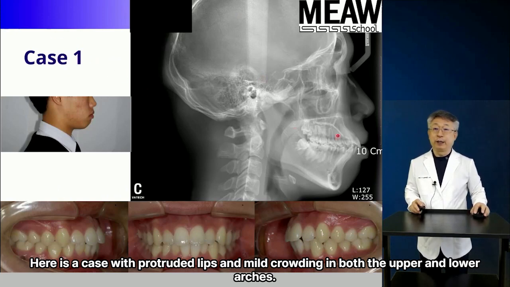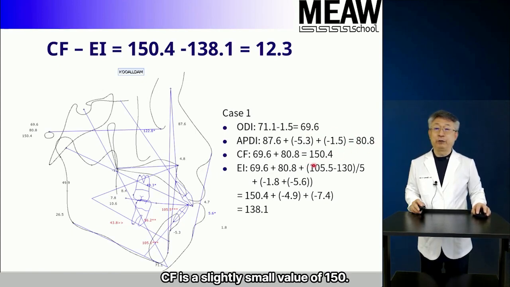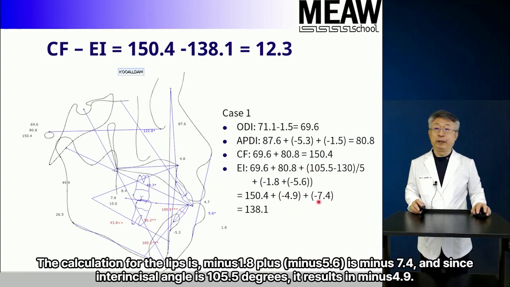Here is a case with protruded lips and mild crowding in both the upper and lower arches. ODI is 69 and a PDI is 80, which means class 1 molar occlusion. CF is a slightly small value of 150. The calculation for the lips is minus 0.8 plus minus 5.6 is minus 7.4.